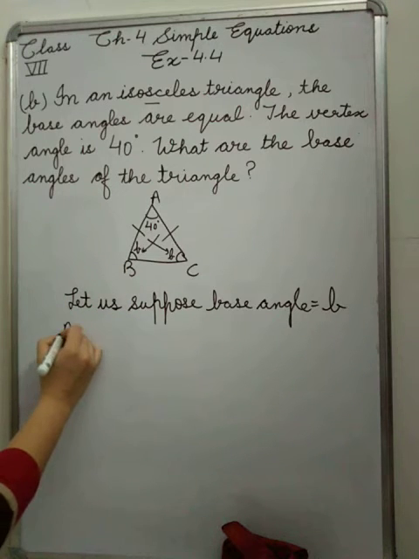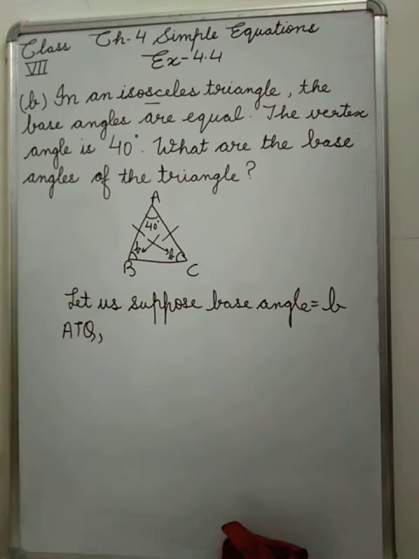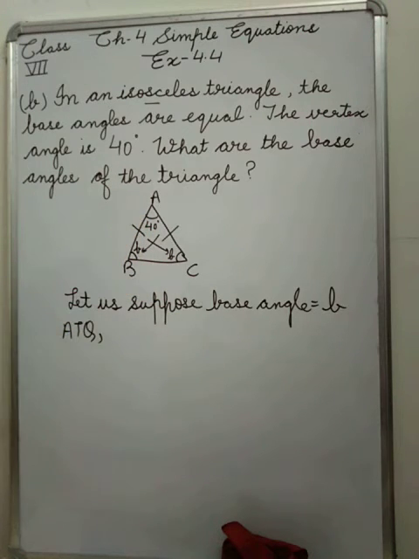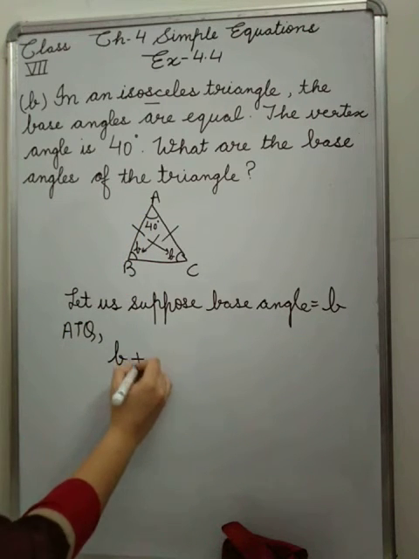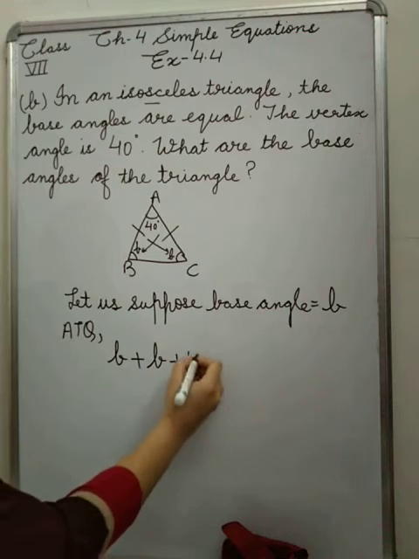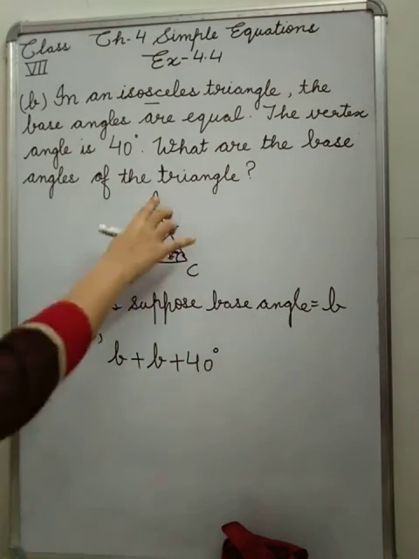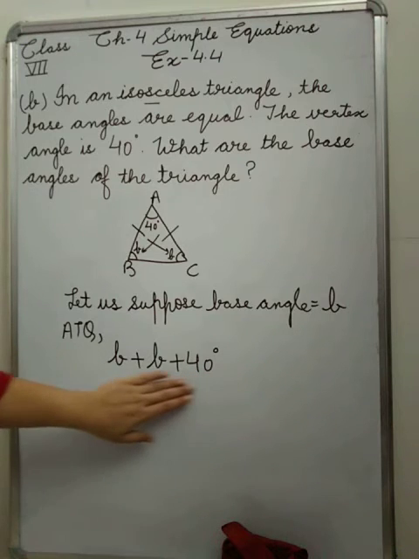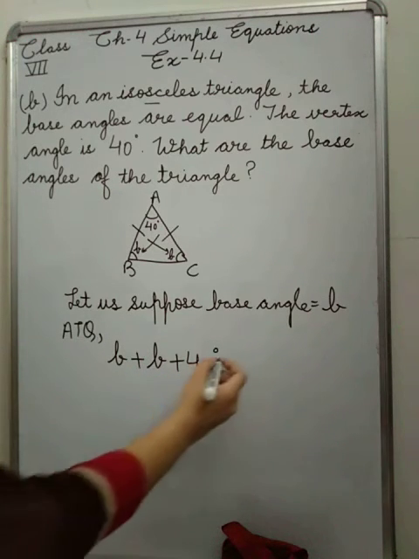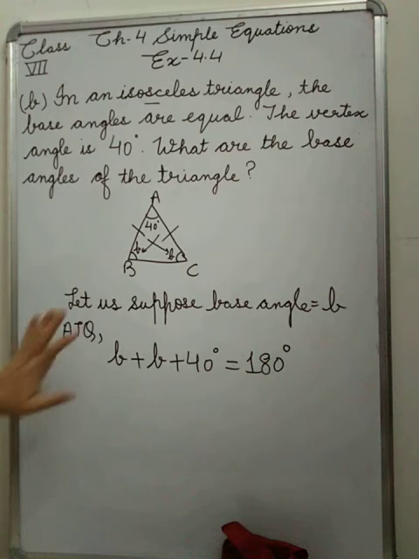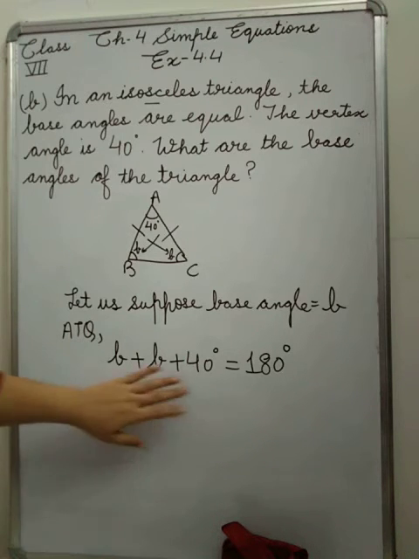According to the question, B plus B plus 40. These are the three angles of the triangle: angle B, angle C, and angle A. The sum of these three angles is 180. In any triangle, the sum of all the angles is 180. So now you can solve this.